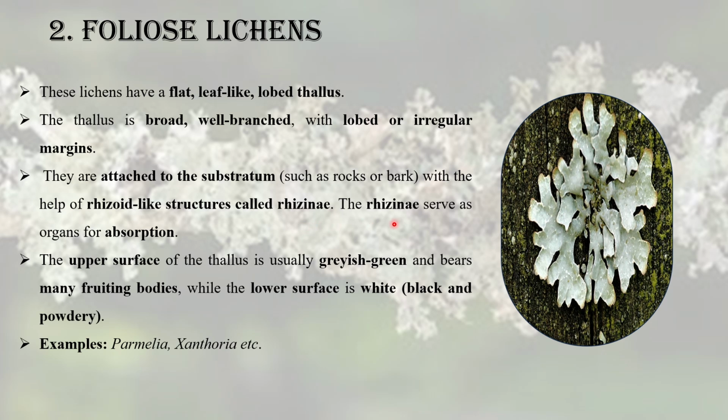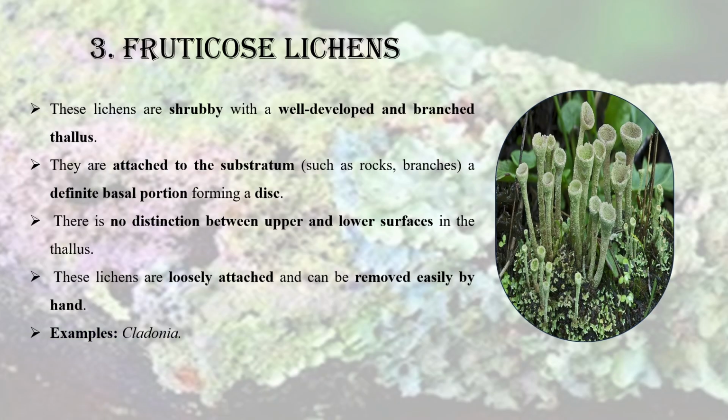The rhizinae help to absorb nutrients. The upper surface looks grayish and the lower surface looks white and black and powdery. Examples: Parmelia and Xanthoria.